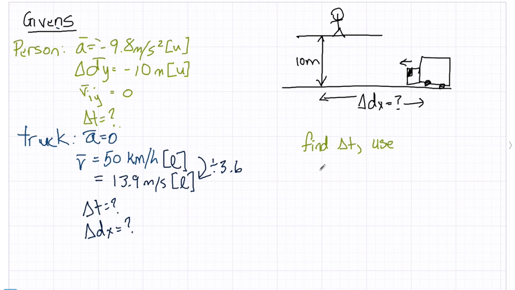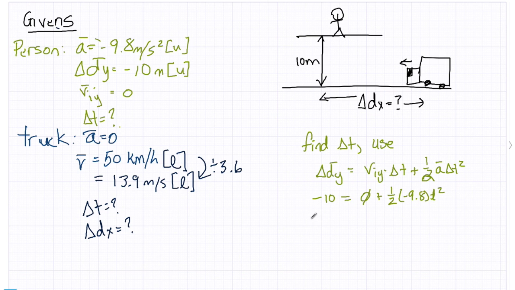Specifically, I'm going to use delta dy is equal to VIY times delta t plus half a delta t squared. That's a 2. And then I'm going to substitute my variables here: -10, that's 0, plus a half times -9.8 times t squared.